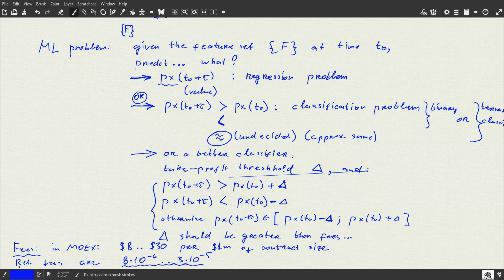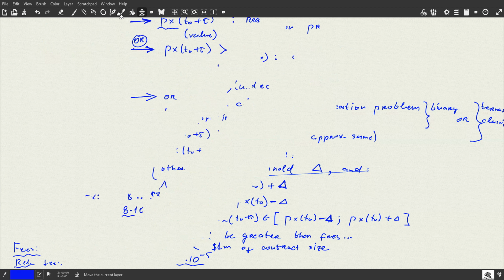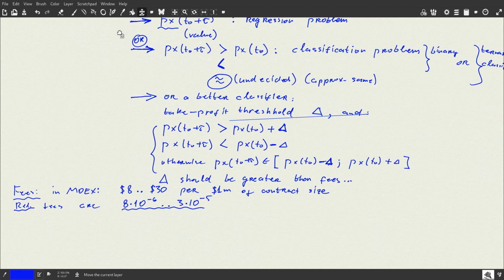They are relative. So what does it mean, relative? Relative fees mean that if, for example, your buy or sell price, say, and that is for each transaction, by the way.